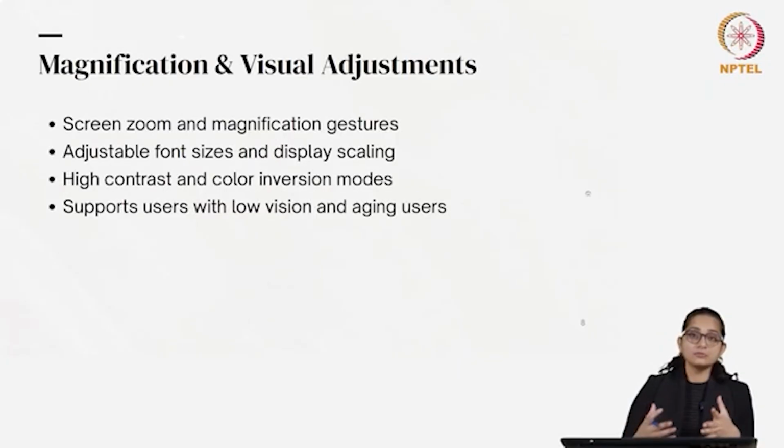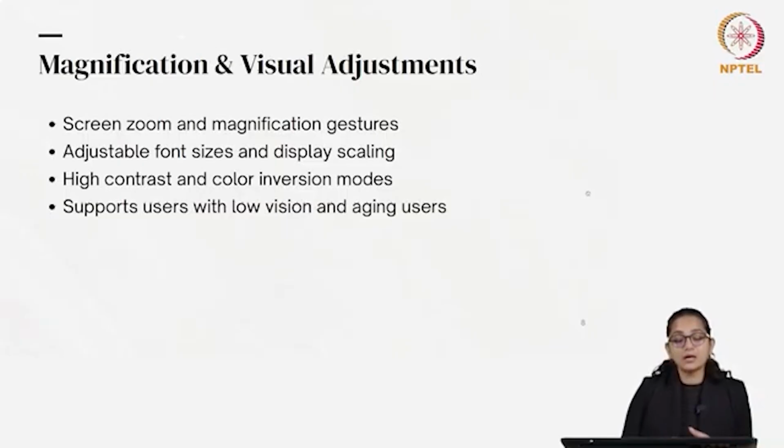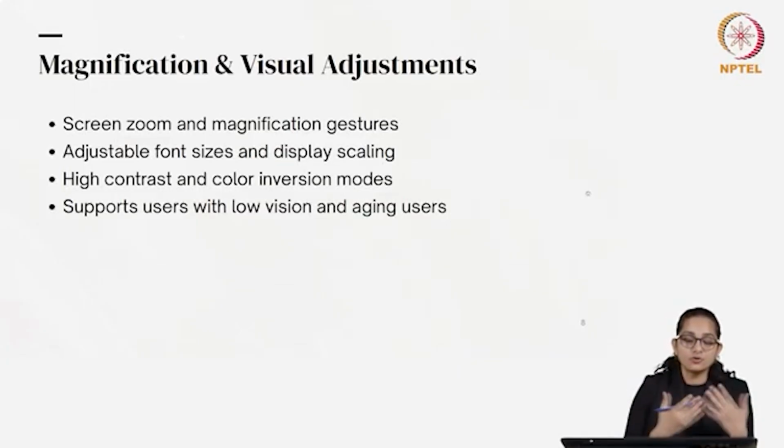Many a times they would require larger touch targets, for example. So magnification can help us in making the touch targets bigger as well. If the font sizes are too small, the screen is too cluttered in terms of reading. And sometimes elderly users may be facing hypermetropia, which in layman language is called nearsightedness.